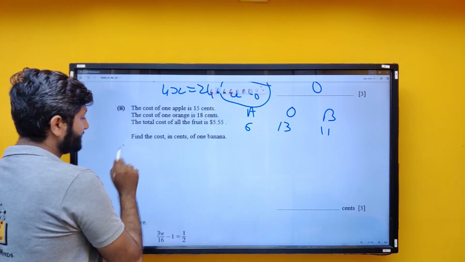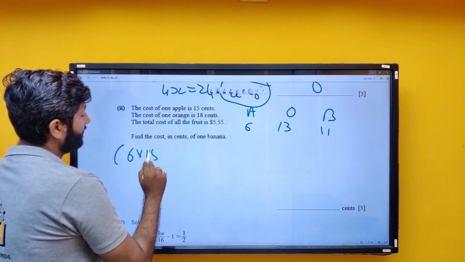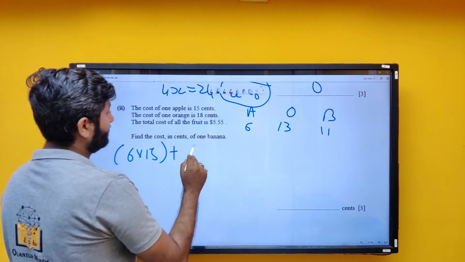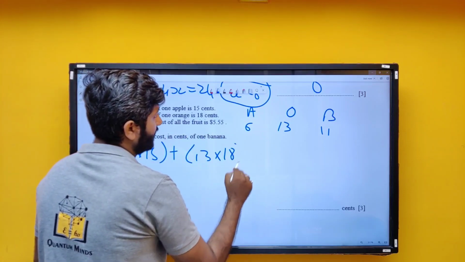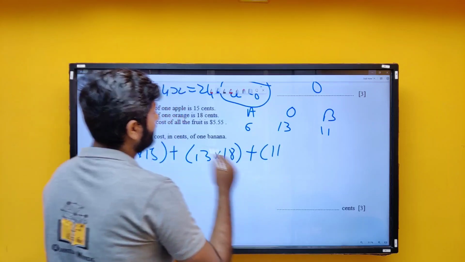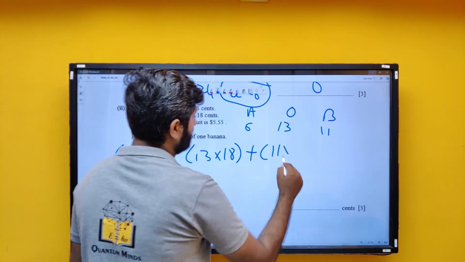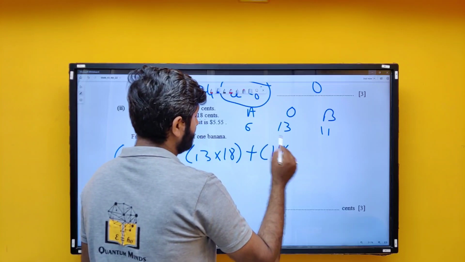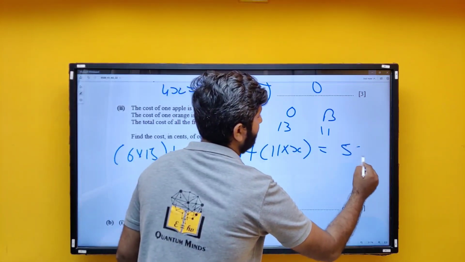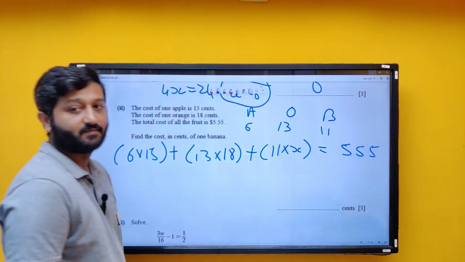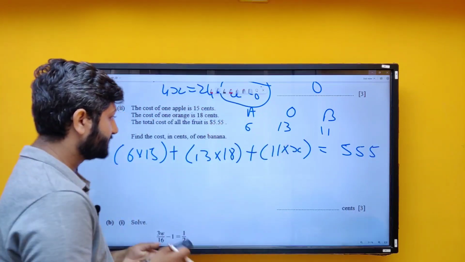So now, the cost of 6 apples is going to be 6 into 15, plus the cost of oranges, 13 into 18, plus 11 into, let's say the cost of one banana is X. Now this equals 555 cents, because this is in dollars so I have to convert it into cents.